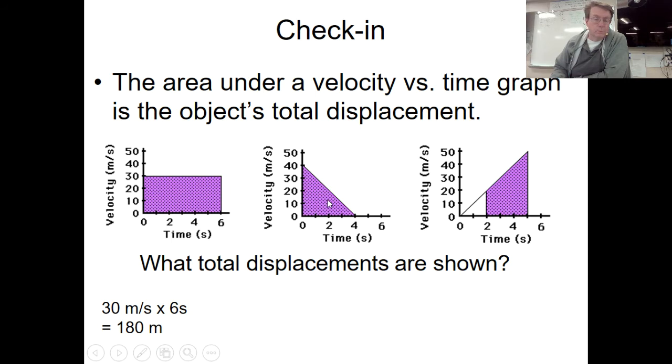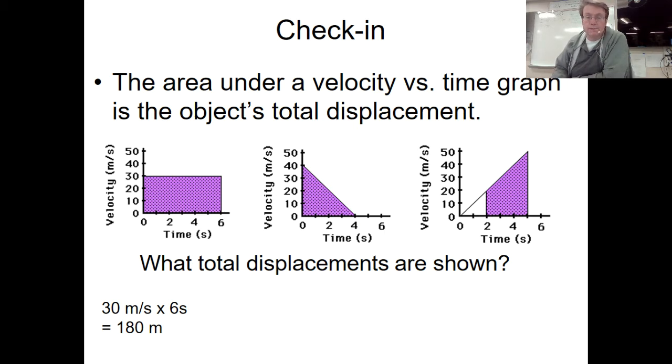For this next one, this is not something we'll run into in this unit because this would be a changing velocity, but the concept still applies. So if you find the area, then that would tell you how much you've changed your position. This motion is actually slowing down over time, eventually coming to a stop at 4 seconds.